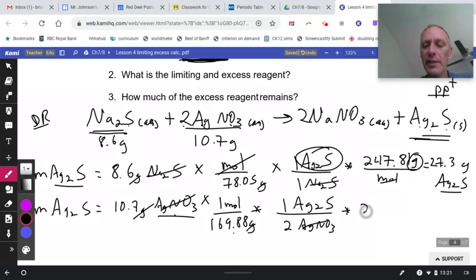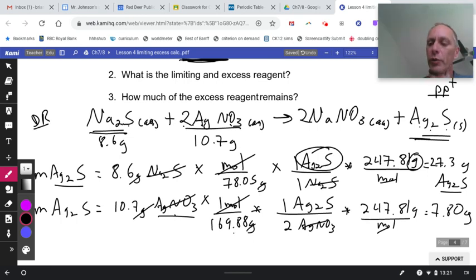Let's get our mass. So this part's easy. It's the same molar mass, same product. Moles cancel out, and here's our 7.80 grams of Ag2S. Okay, so which one will we produce, 7.80 or 27.3?